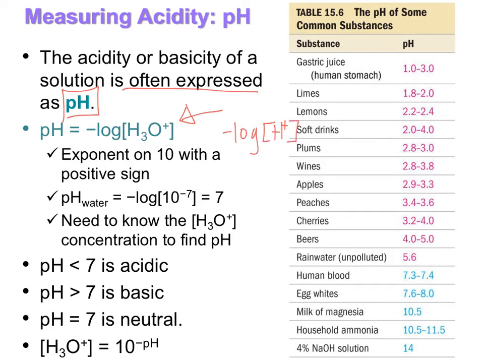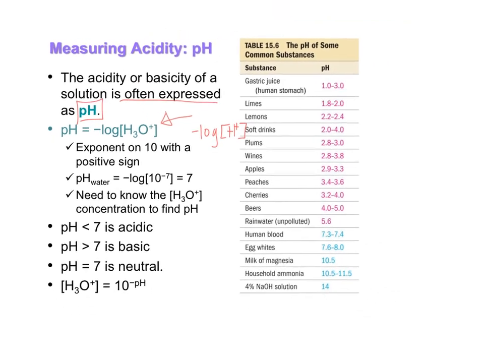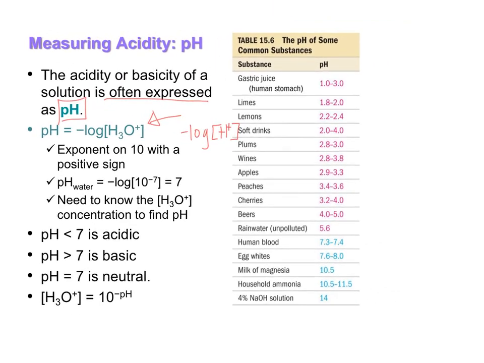Same thing. What pH does, and the reason it's useful, is it takes a very small number and makes it into a number that we are able to work with a lot easier. And that's true for any log calculation that you do.